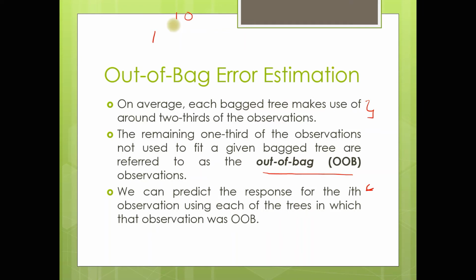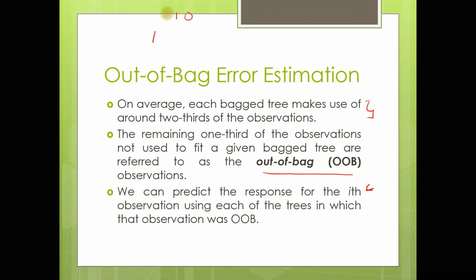The number of times it has not been used to train the model refers to the number of times it has become what we call an out-of-bag observation. This is what we refer to as out-of-bag observations here.